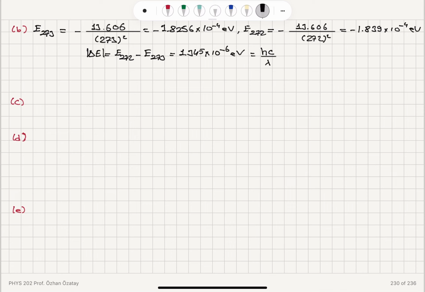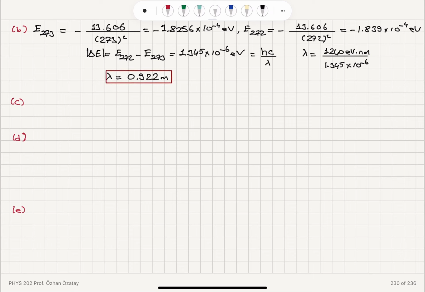And if we calculate the wavelength using our shortcut, 1240 electron volt nanometers divided by delta E in electron volts, 1.3545 times 10 to the minus 6, this gives us a wavelength of 0.922 meters.